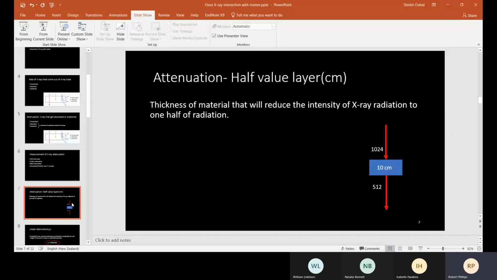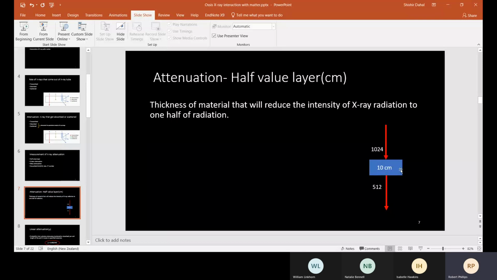So for example, if 10 centimeter thick matter decreases intensity of incoming X-ray by half, then half value layer of this material is 10 centimeters.